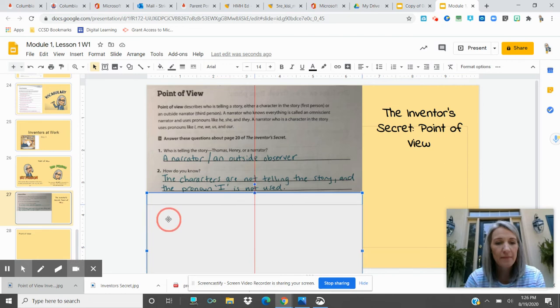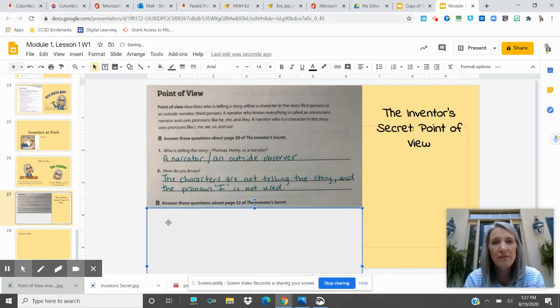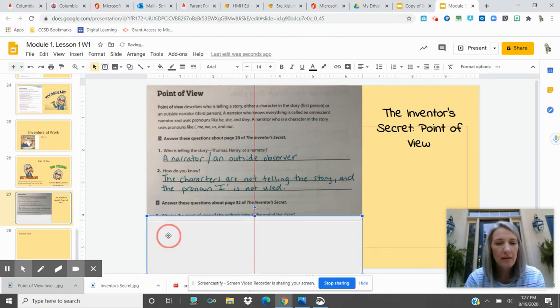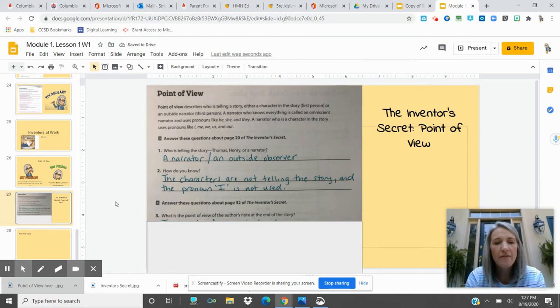Number three, answer these questions about page 32 of The Inventor's Secret. So you can pause the video and turn to page 32. It says, what is the point of view of the author's note at the end of the story? Now, the author's note is that very last paragraph at the end of the story in italics. That means that the letters are slanted.